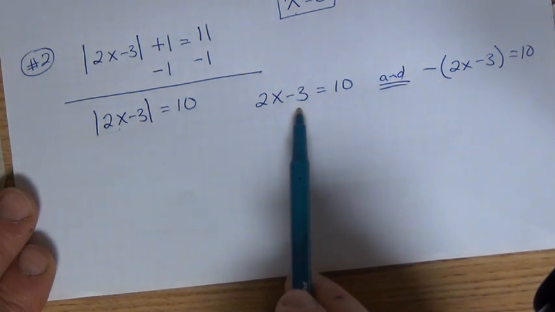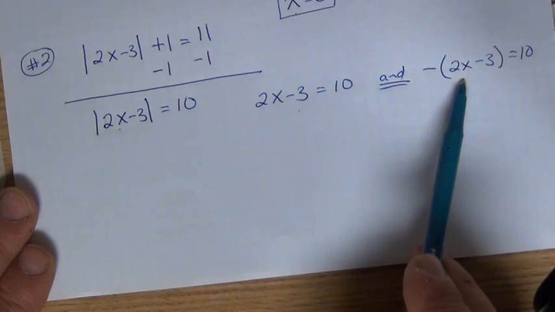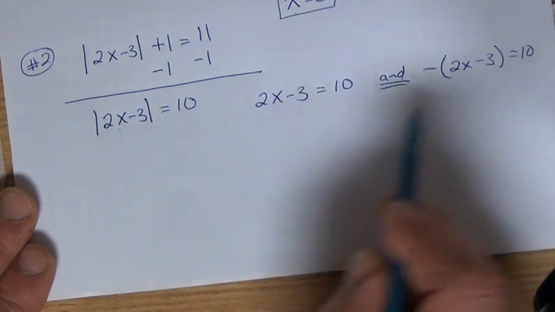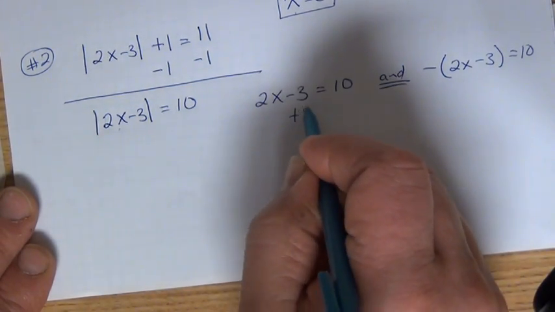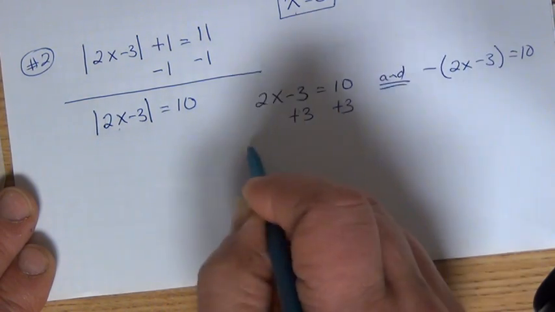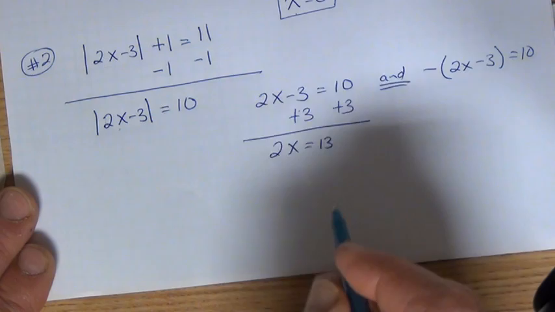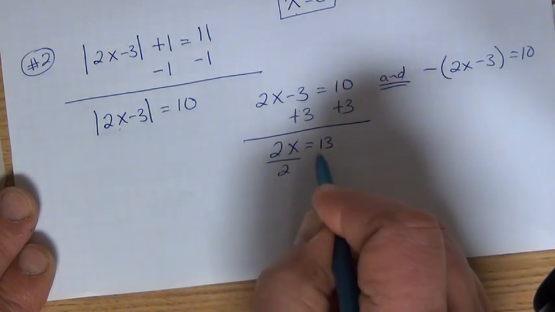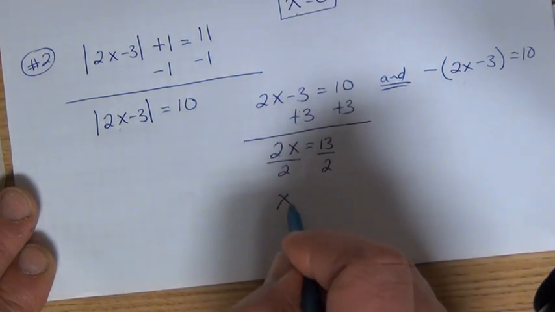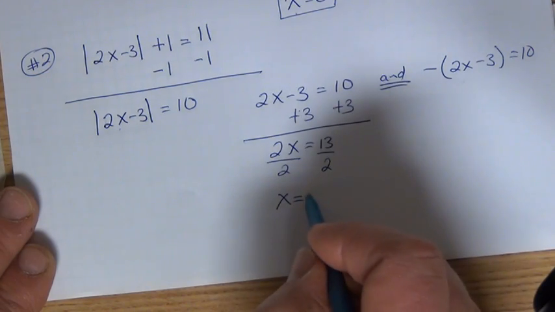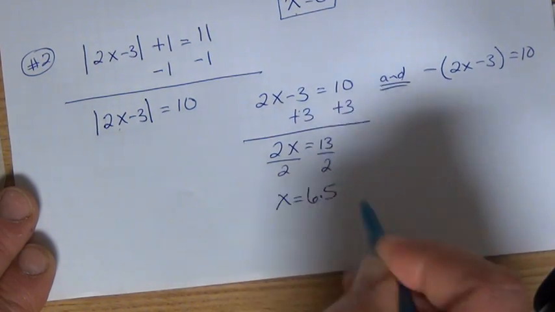And so I get the positive value and I get the negative values. Now I can solve these independently. I'm going to add 3. 2x equals 13. Divide both sides by 2. And I get x equals 6.5. I'm going to leave it as a decimal.